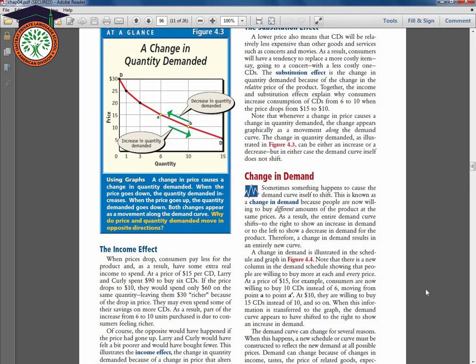Then we have another factor that is affecting the demand. What is that? Substitution. Substitution is, for example, if I want a t-shirt and I like the product of Gap, but I found that at Gap the sale price is only 30%, and I can't afford it because I have a limited income.